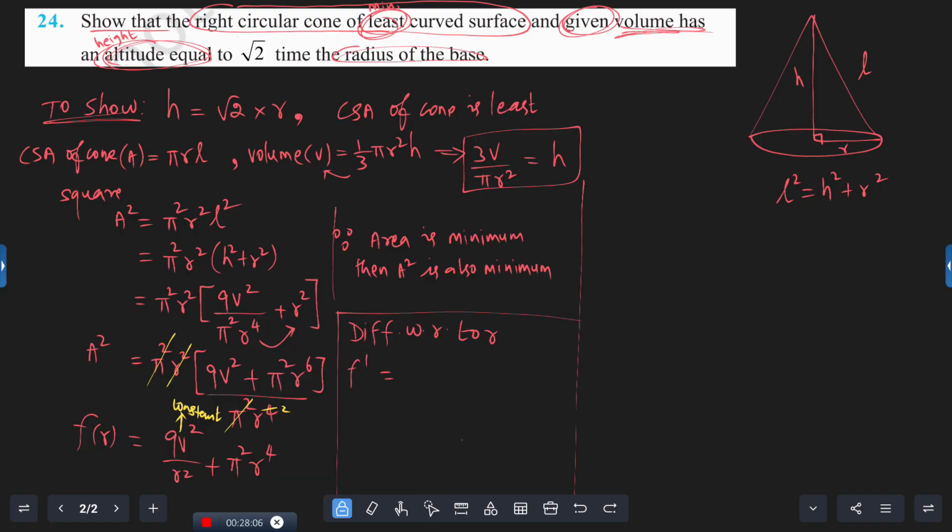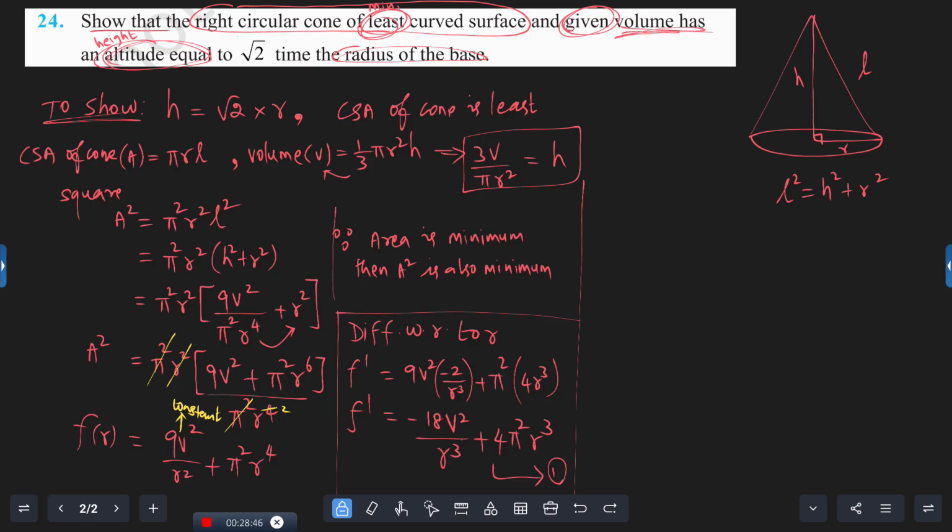F dash is equal to 9 times V square into 1 by R square, when you differentiate, minus 2 divided by R cube, plus pi square, let it be R power 4, when you differentiate, 4 R cube. Now let's simplify this. Minus 18 V square, be careful, V and R, over R cube, plus 4 times pi square R cube here also, and this is f dash. Now we will take this as equation number 1.